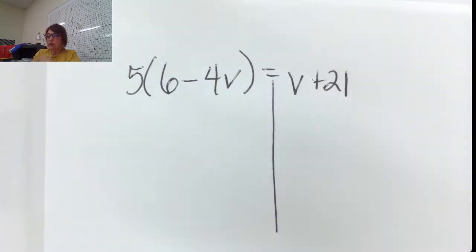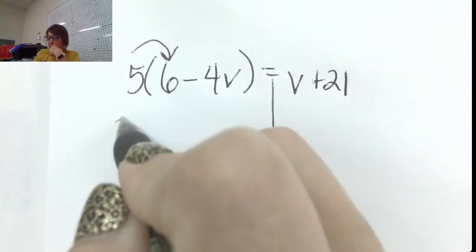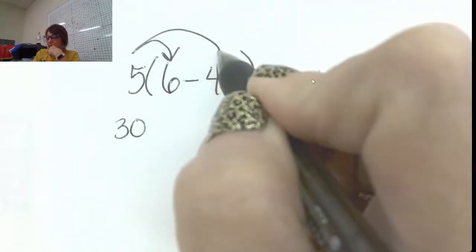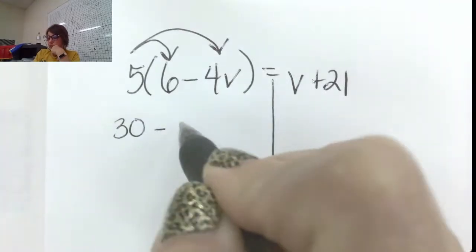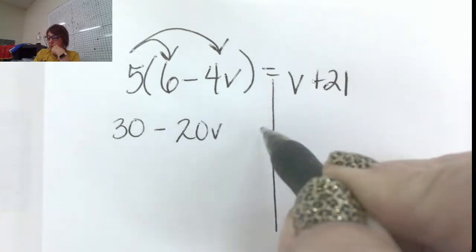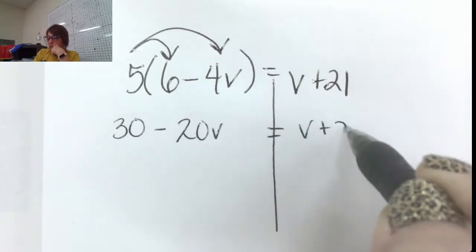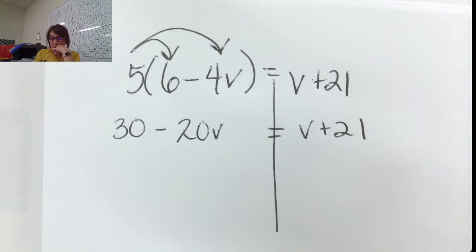What do you need to do first? Multiply, right? So we're going to multiply 5 times 6, 5 times negative 4V. Now what? If you haven't ever had me before, it doesn't matter what order you do it in.